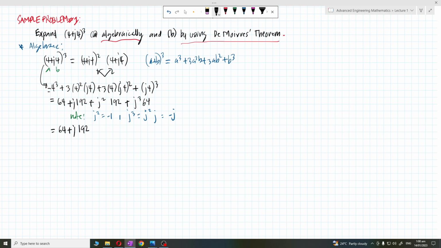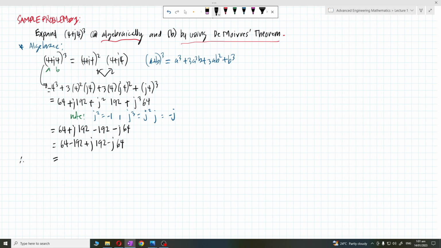j squared is negative 1, so minus 192, and then minus negative j64. Combine like terms, so we have here 64 minus 192, and then plus j192 minus j64.